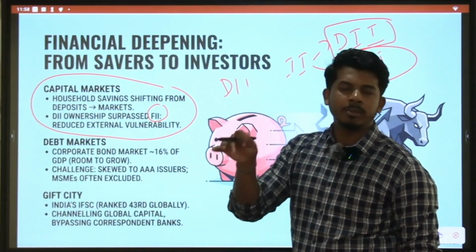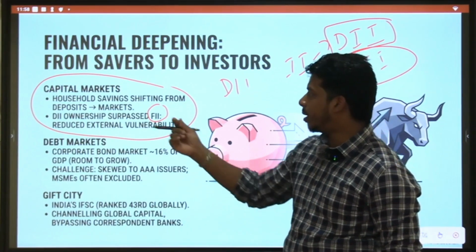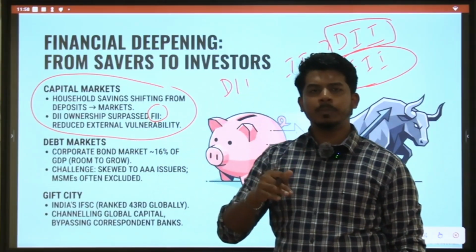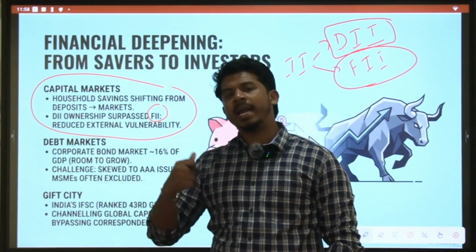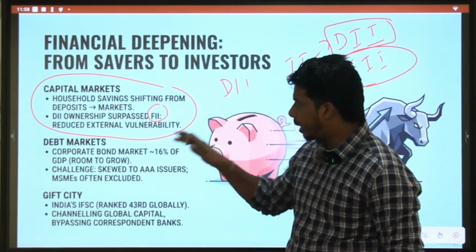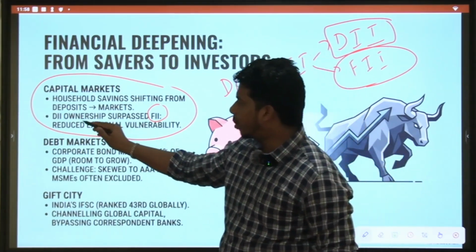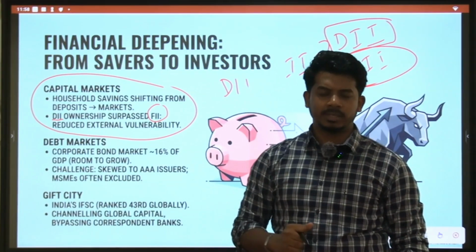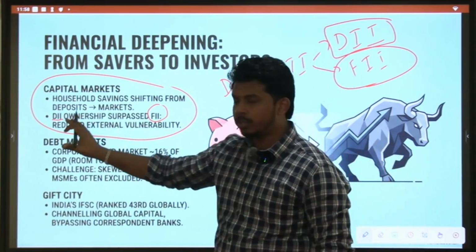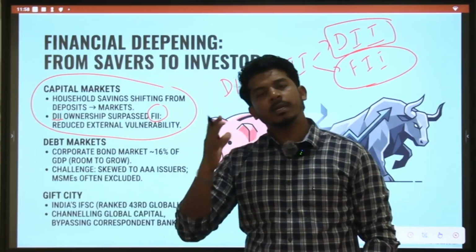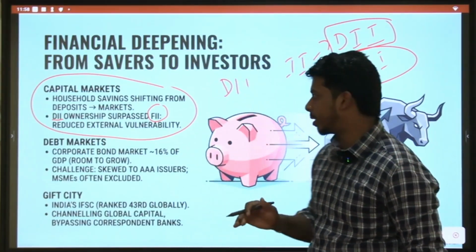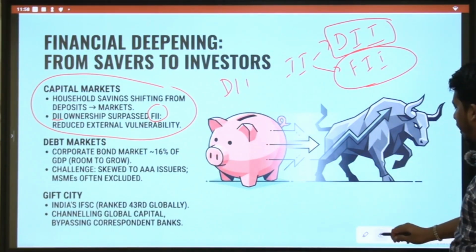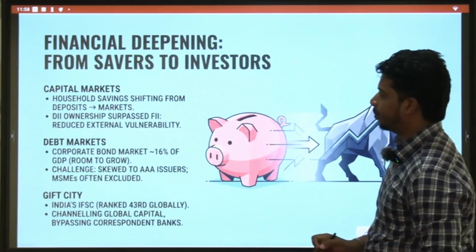They are the ones investing more in the capital markets, while domestic investors preferred other mechanisms like bank deposits, gold, etc. But now the situation is changing. Now domestic institutional investors are more than foreign investors. This is a good thing, because domestic investors are more trustworthy and more stable than foreign investors. So our financial market is achieving more stability.